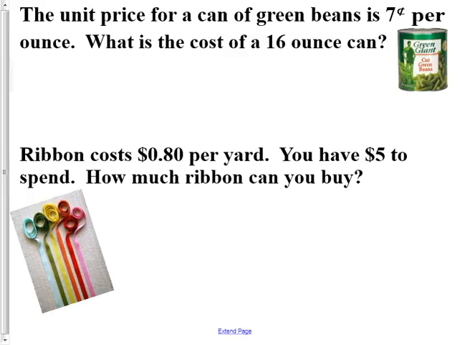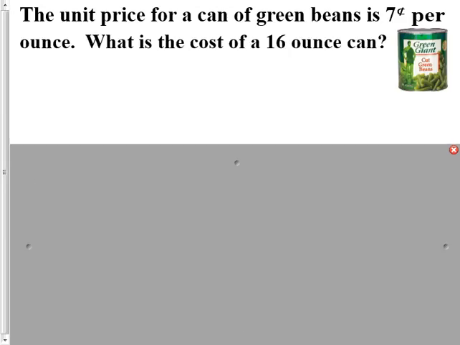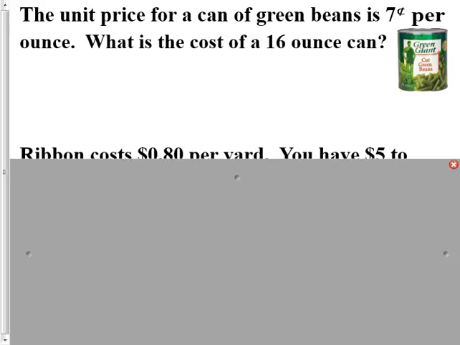If I look, for example, at a couple of problem-solving situations with this, the unit price for a can of green beans is 7 cents per ounce. So what is the cost of a 16-ounce can? Well, this is a little different. I'm not finding the unit price. I have been given the unit price. The unit price is 7 cents per ounce. That means 7 cents for 1 ounce.